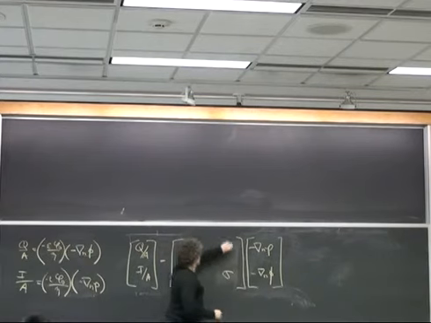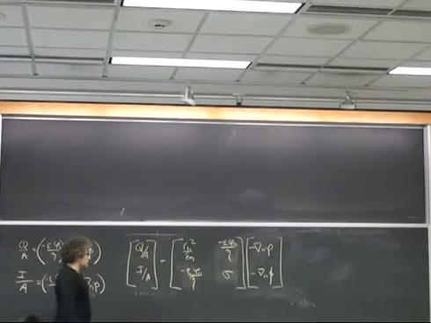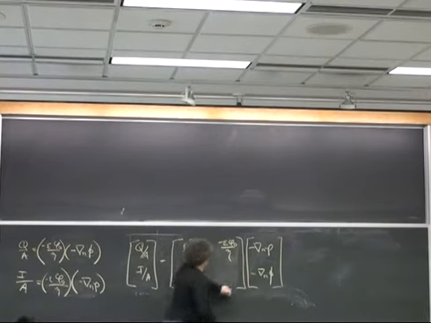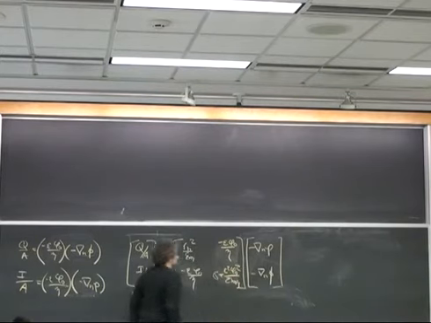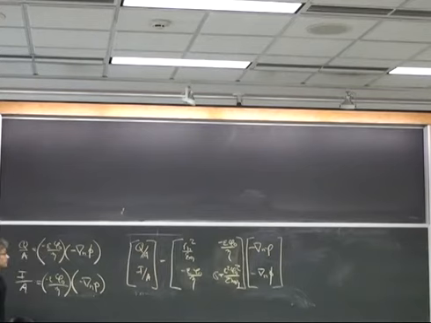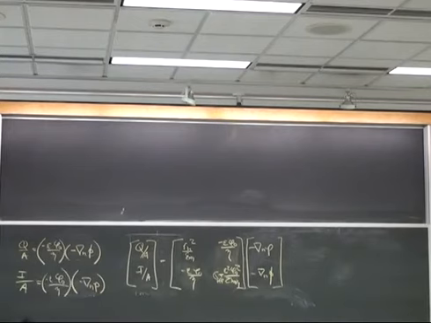If I add an interface, I get this. And then if I make that interface even stronger, have a strong enough potential that the equation is nonlinear, then I have to add that.